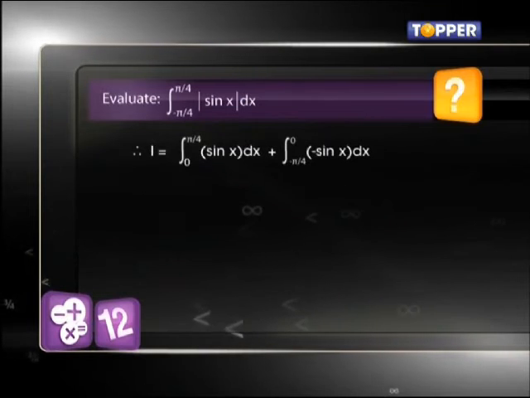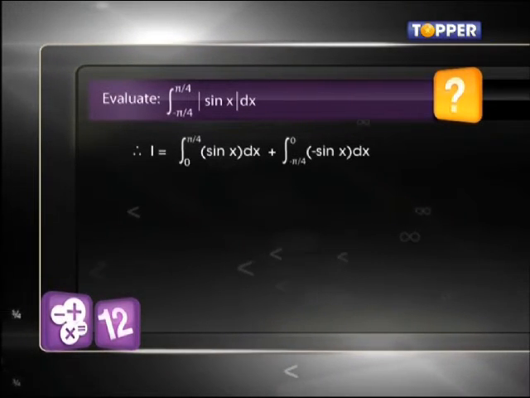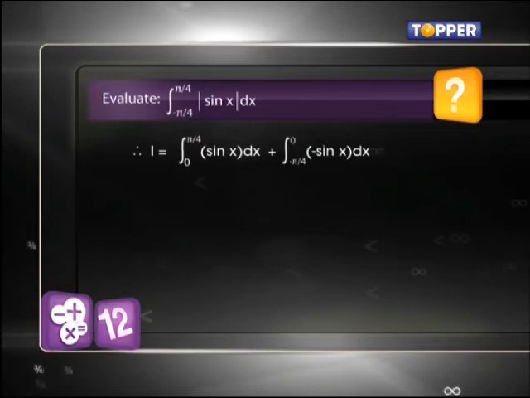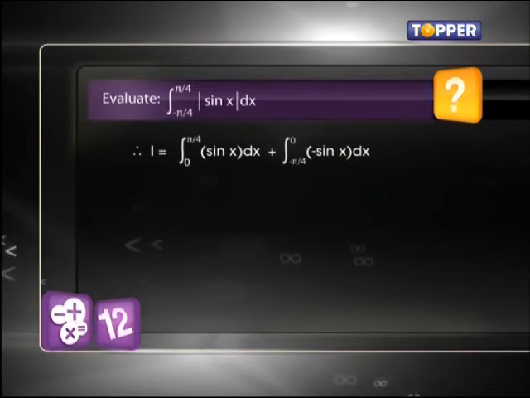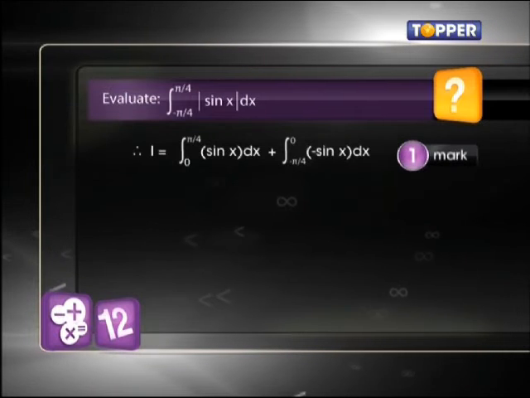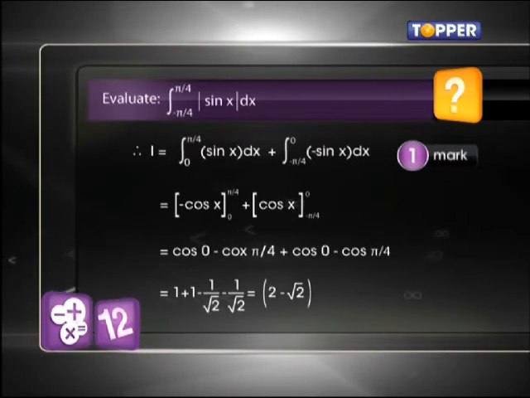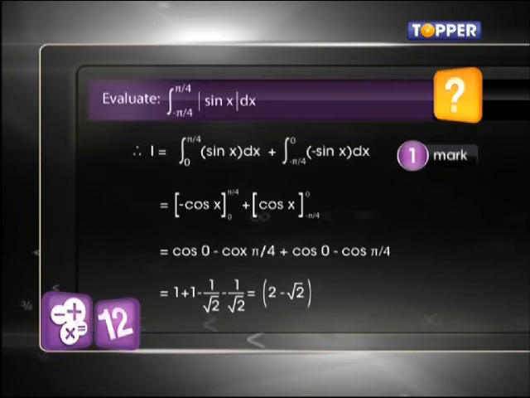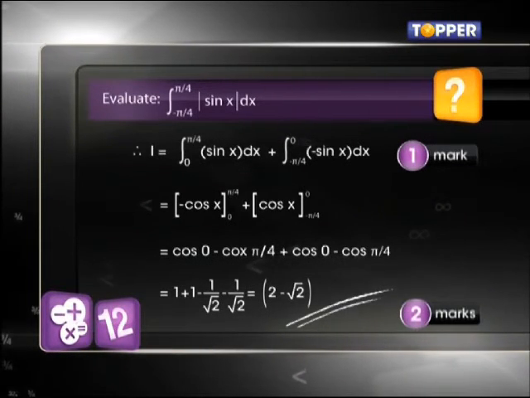Now, write that the function is defined as sin x in the interval 0 to pi by 4 and minus sin x from minus pi by 4 to 0. Is the solution beginning to appear familiar and simple now? Then just integrate it by putting limits and simplifying. You should have the answer as 2 minus root 2.